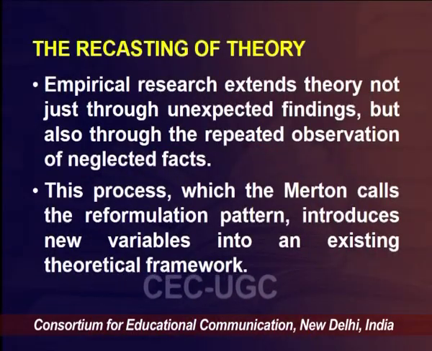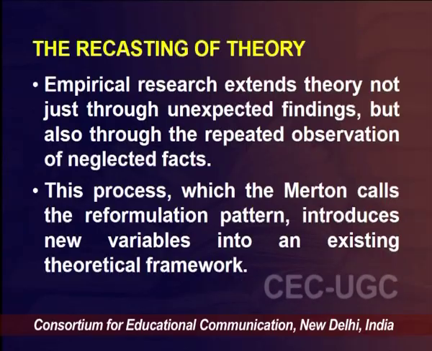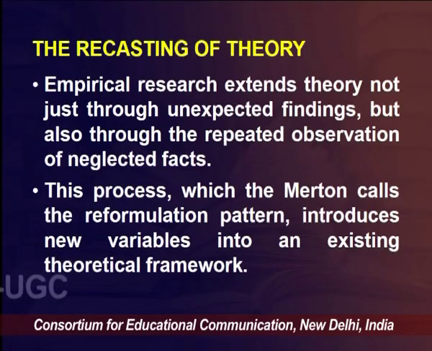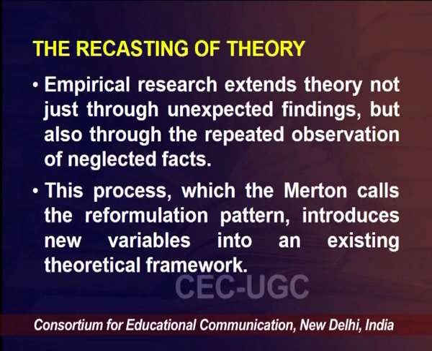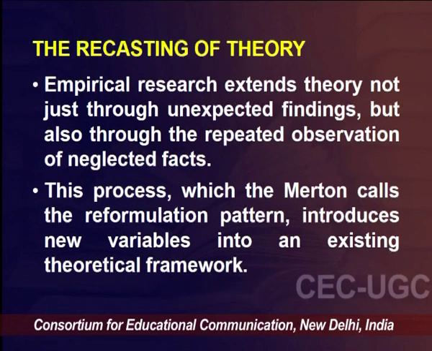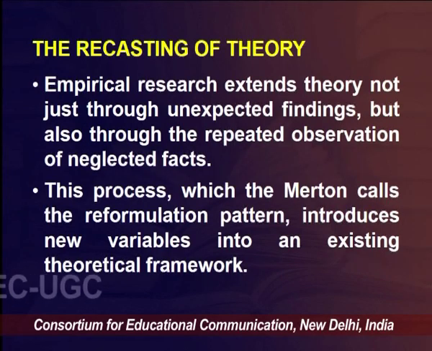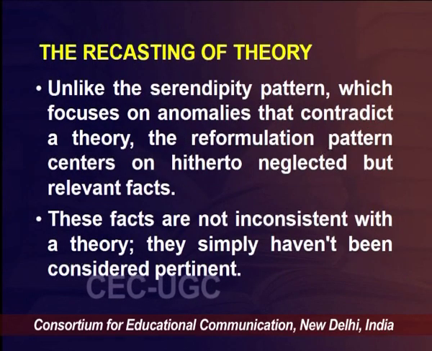The second task of research in terms of theory is the recasting of theory. Empirical research extends theory not just through unexpected findings, but also through the repeated observation of neglected facts. This process, which Merton calls the reformulation pattern, introduces new variables into an existing theoretical framework.